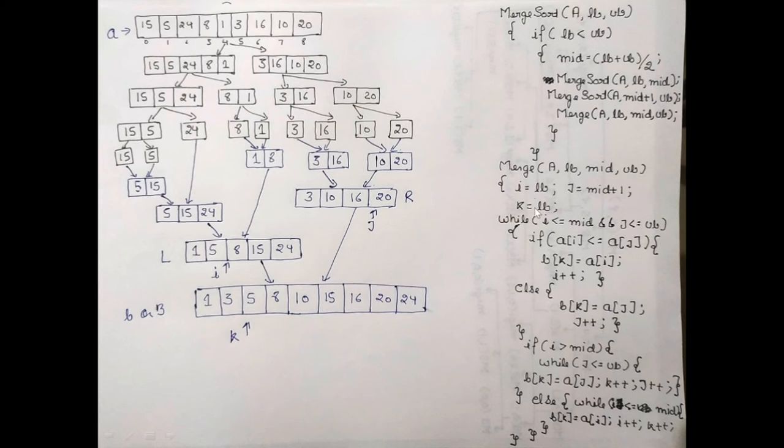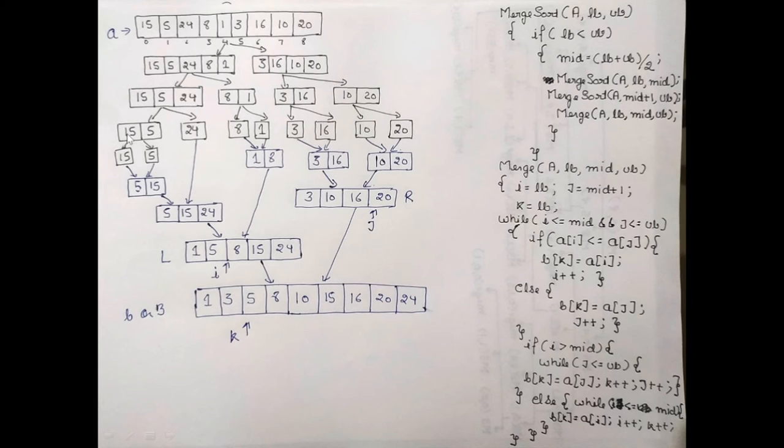So let's come back here. Now we'll initialize 3 pointers: i for the lower bound, j with mid plus 1, and k for the lower bound. This merge function will treat 3 arrays: a left, a right, and another array called b.